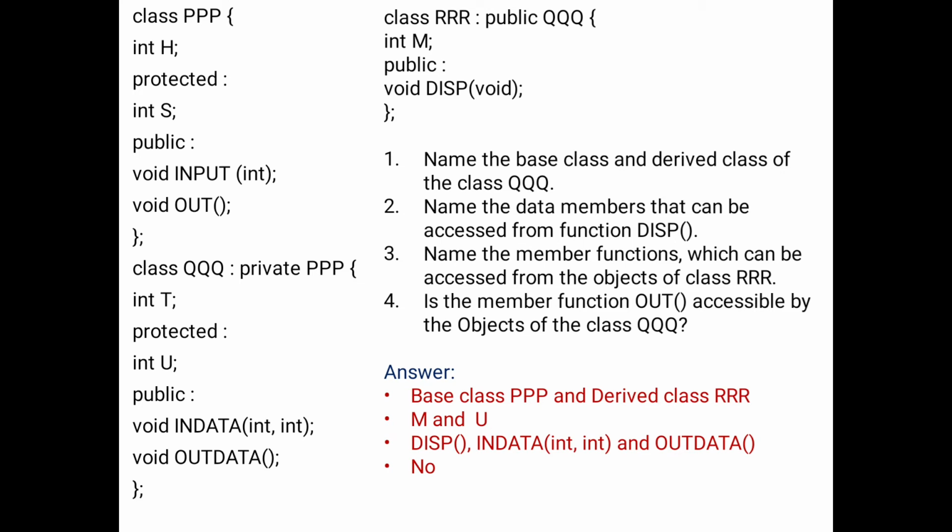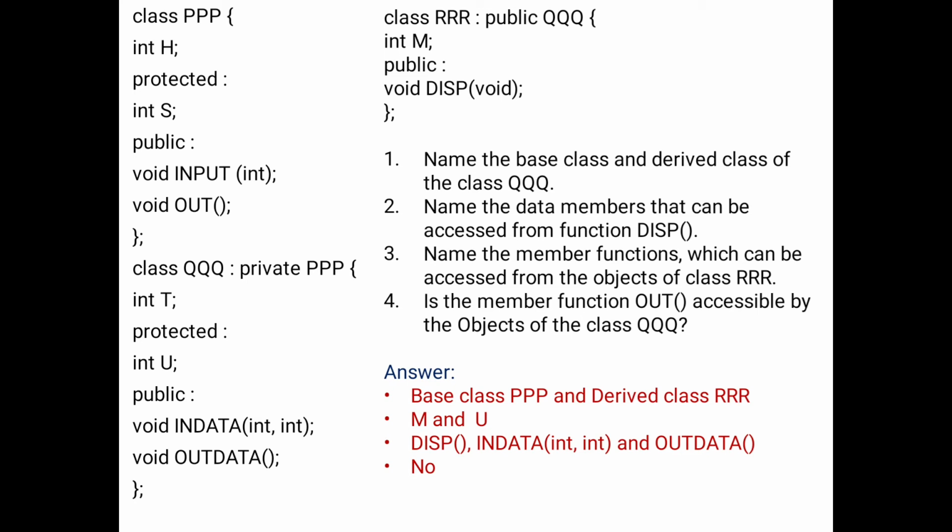The public member functions indata and outdata will remain the same, public as member functions. However, the private members of class PPP will not be accessible by the class RRR.